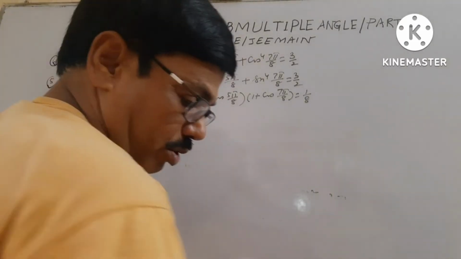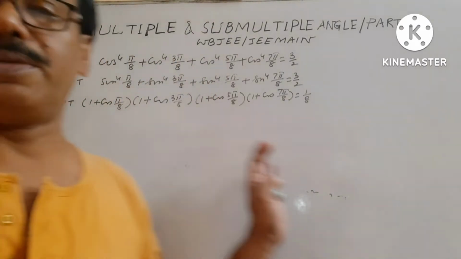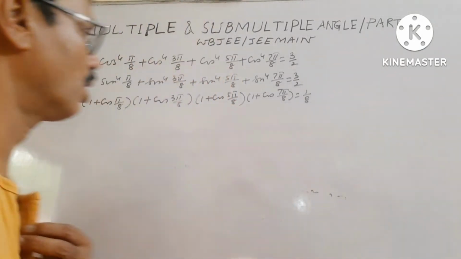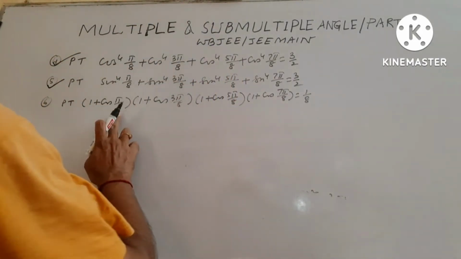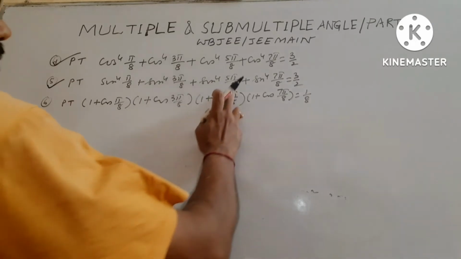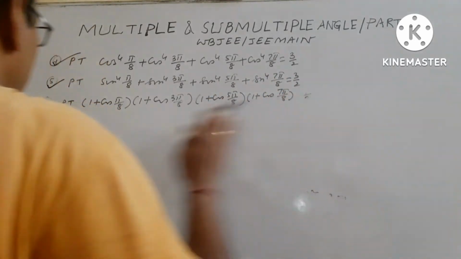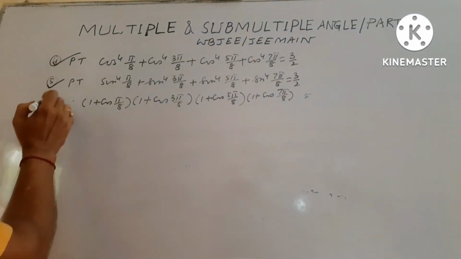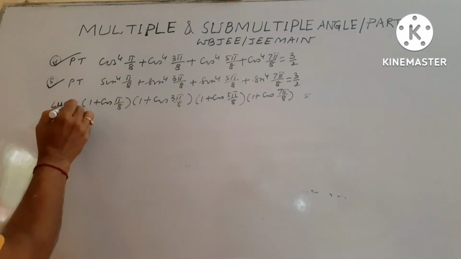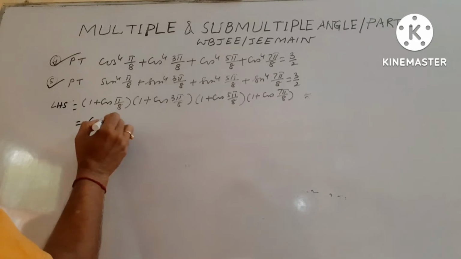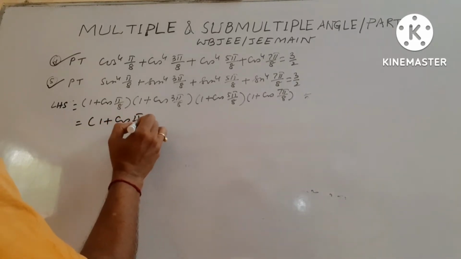So this is also the same type of problem. Look, here angles are pi by 8, 3 pi by 8, 5 pi by 8, 7 pi by 8. So our main aim will be to express it in terms of a single angle. So 1 plus cos pi by 8.